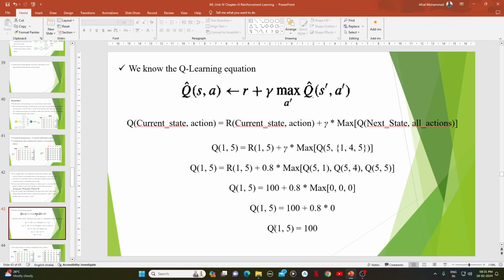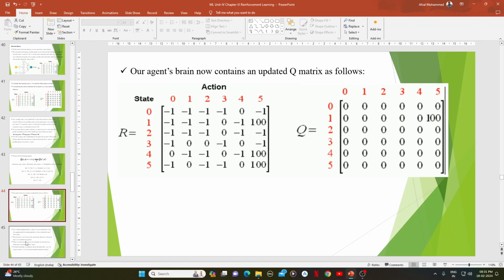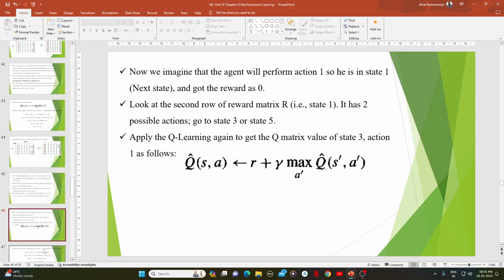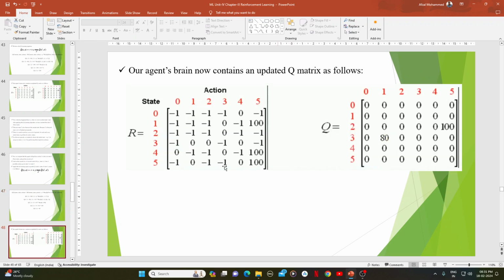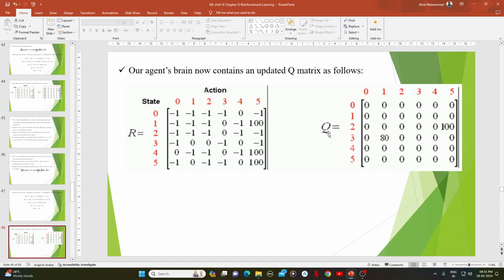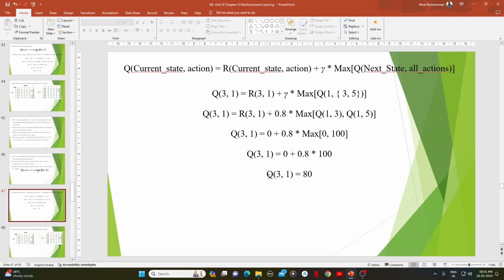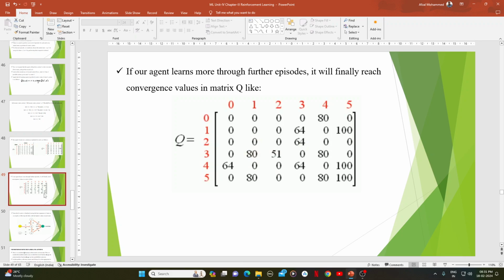From state 1 to 5, for this particular thing they are calculating the Q matrix value, and we got the value as 100. For other states also they are calculating the Q matrix value, and we got 80. What state are they calculating? 3 to 1, and we got 80 as the value. Here you can see 3 to 1, the 80 value we got, that 80 value they keep. Only these you have to calculate, and the remaining you can keep like this.